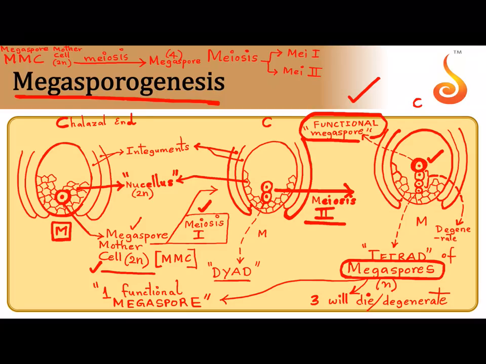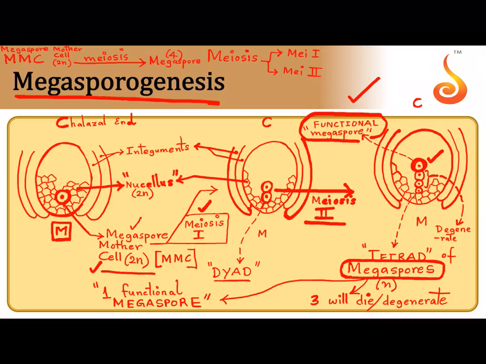This process where the megaspore mother cell undergoes meiosis to form megaspores, haploid megaspores, is referred to as megasporogenesis. The name itself has the meaning: megasporogenesis, genesis of megaspore from megaspore mother cell.